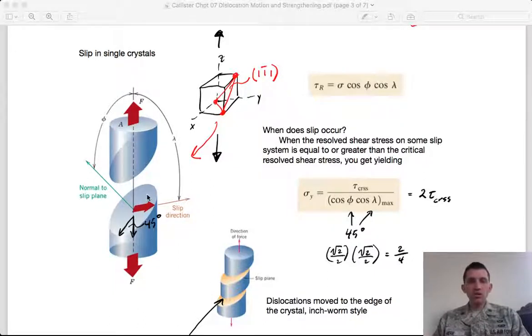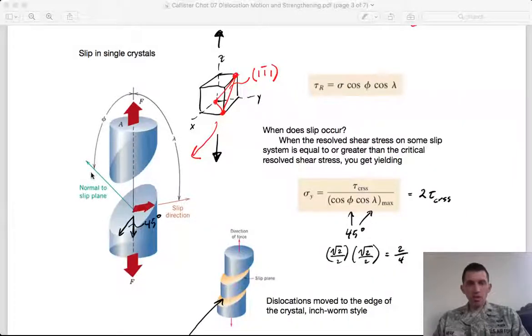So there's some critical shear stress that will result in slipping along these planes, and it depends on the angle of the slip plane and the slip direction relative to the applied force, right? So theta here, or phi, is designating the angle relative to the slip plane, and lambda is the angle relative to the slip direction.